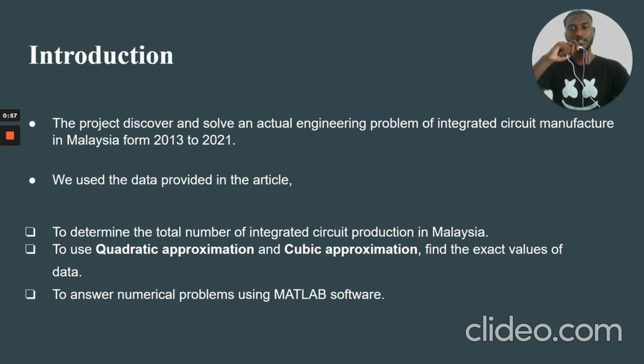We use the data provided in the article to achieve three main things: determine the total number of integrated circuit production in Malaysia, and use both quadratic and cubic approximation methods to find the exact value of the data.